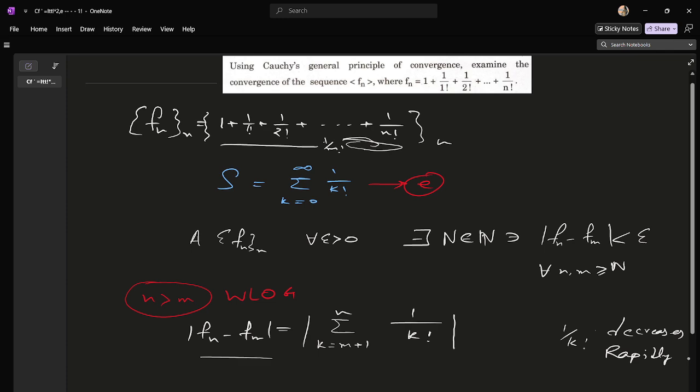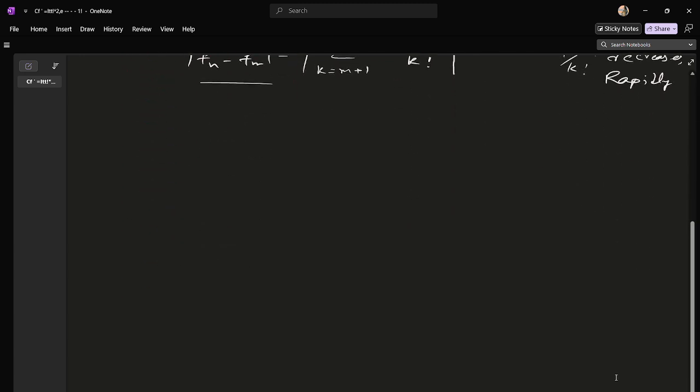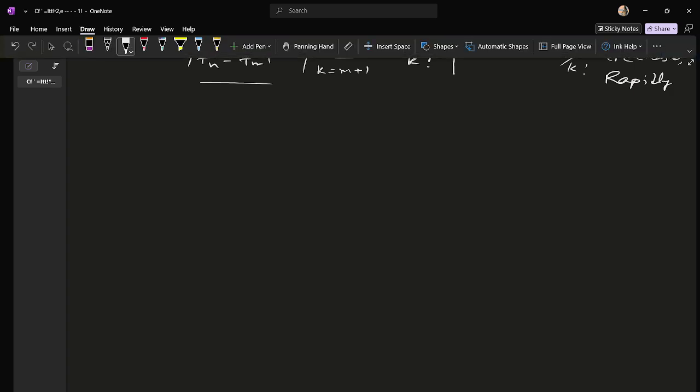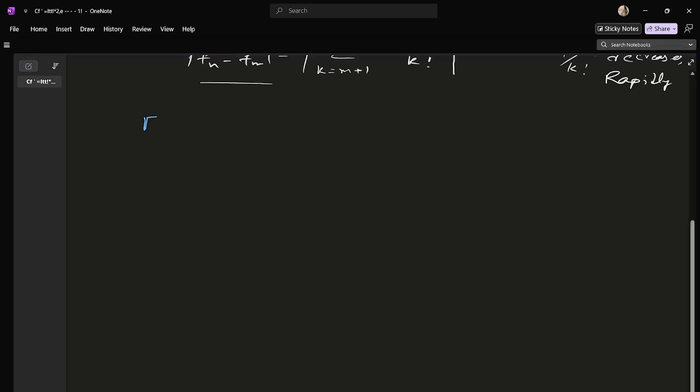Now we have to bound the tail of the sequence. For n greater than m, consider the tail sum, that is the sum from k equals m plus 1 to n of 1 by k factorial.